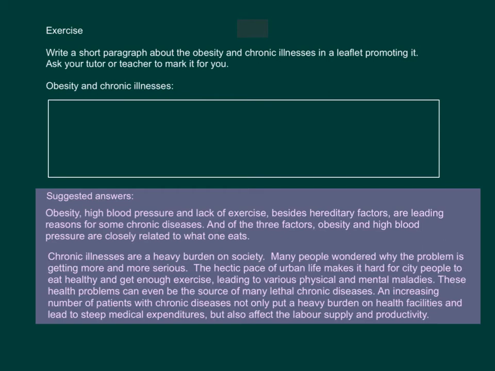Write a short paragraph about the obesity and chronic illnesses in a leaflet promoting it. Ask your tutor or teacher to mark it for you. Obesity and chronic illnesses.